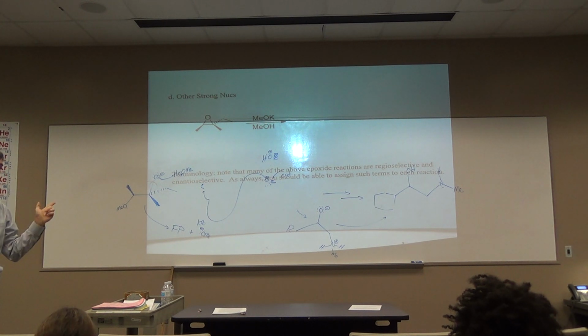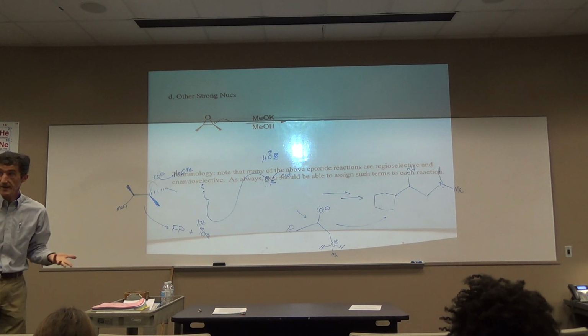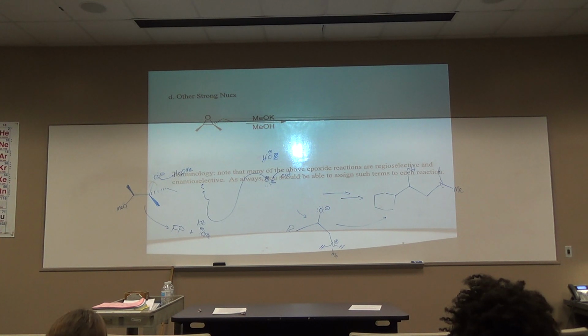Because for the oxygen to leave like that, it has got to be protonated. Under basic conditions there's no proton, there's no acid, so you're never going to do that, at least not in this class. To get the oxygen to just leave on its own, you have to protonate it.